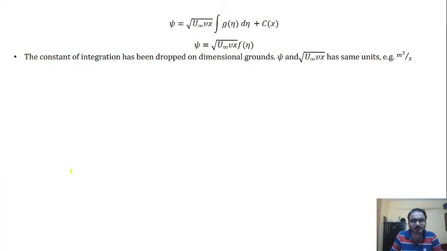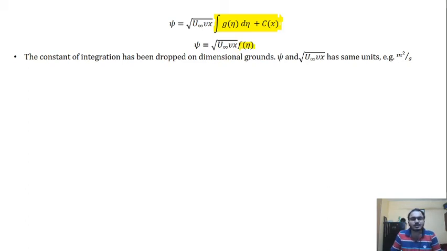So what we have done here is that we have kept this square root as it is, and instead of this we have simply put f of eta.